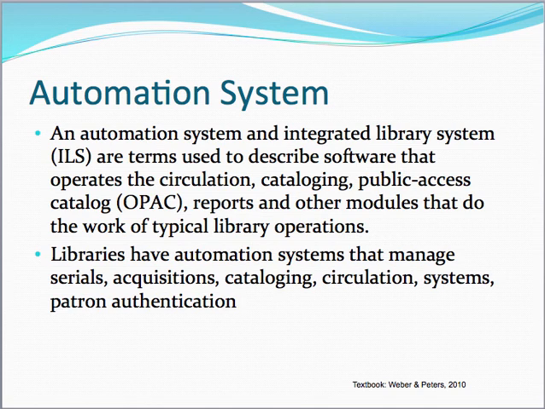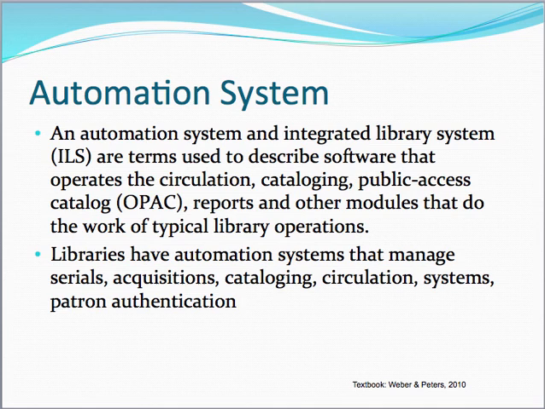Okay. So automations or automation system. An automation system and integrated library system, ILS, are terms used to describe software that operates circulation, cataloging, public access catalog, the OPAC, reports, and other modules that do the work of typical library operations.